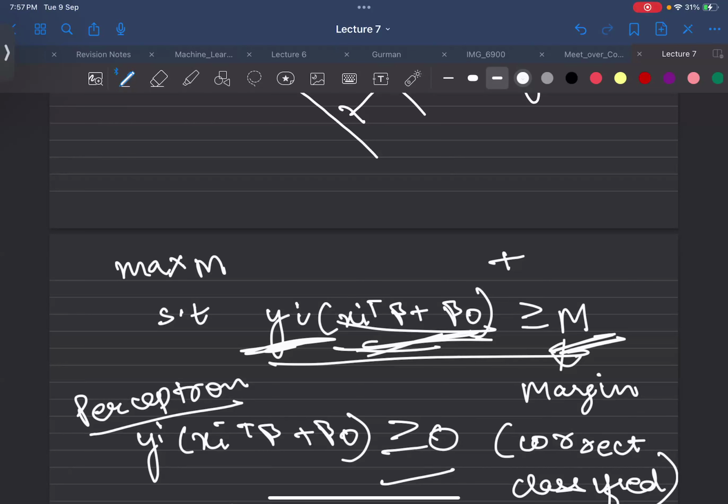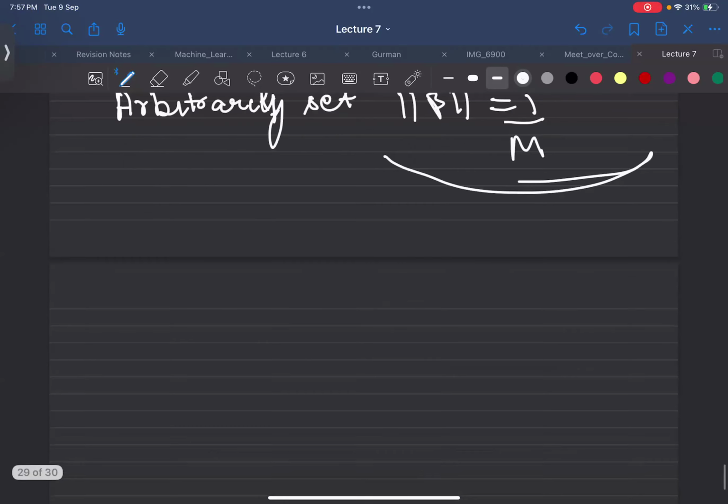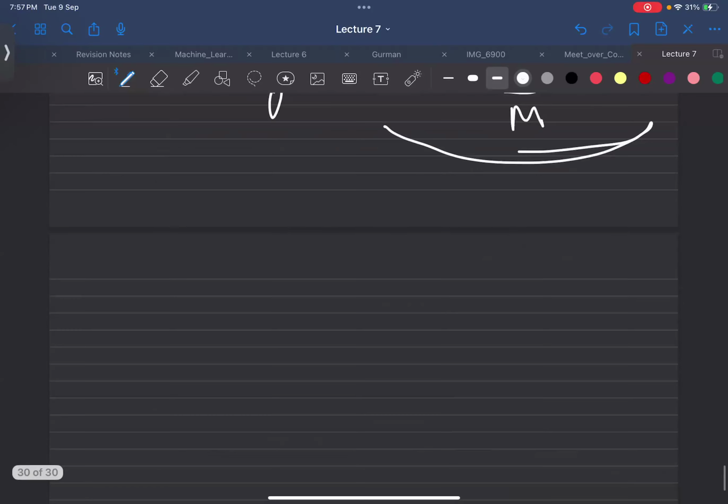I'll come with an example. If I don't do normalization, then what will happen? Wait a second. So the equation is, and I'll tell you.